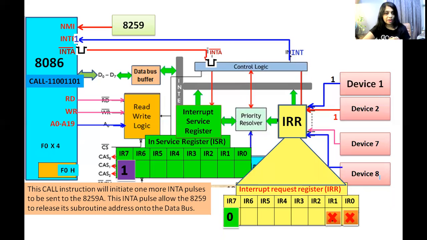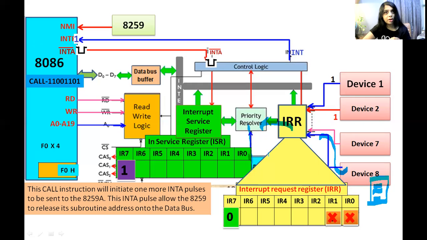You can see device 8 wanted to execute the interrupt service routine and it sent the request on this pin. The interrupt request register transferred that information to the priority resolver.